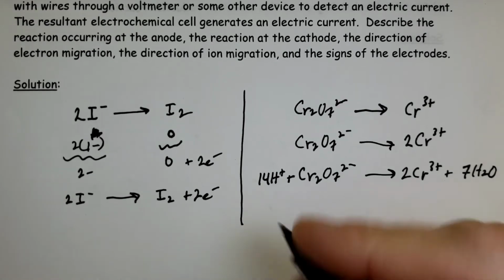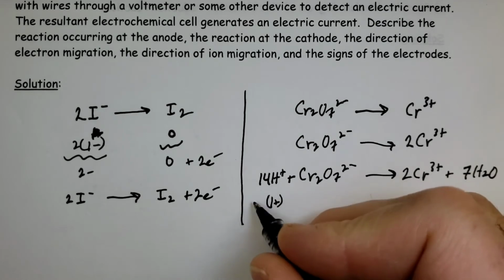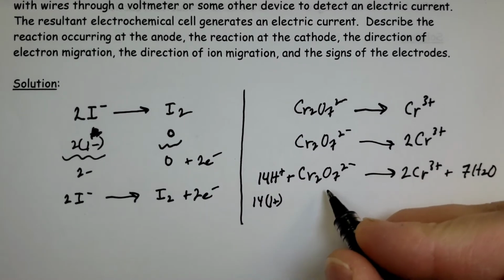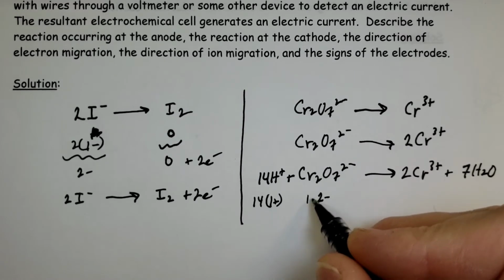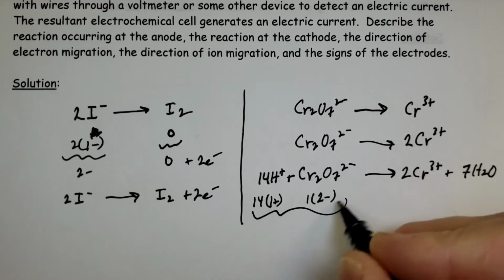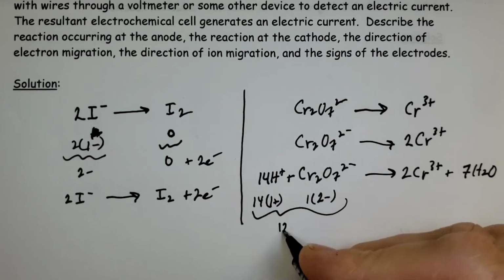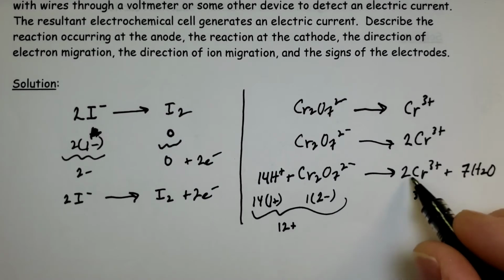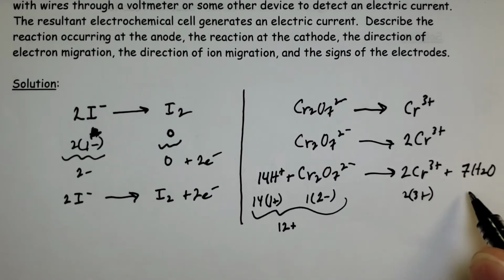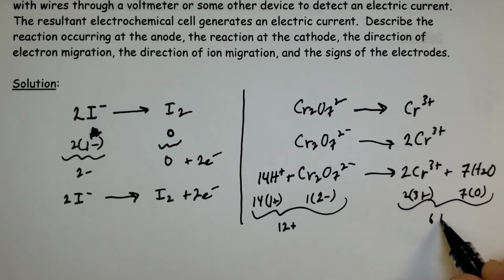So now we look at charges. Here we have +1 charges. We have 14 of them. And here we have a 2 negative charge, and we only have 1 ion that has that. So that's going to give us a grand total of 14 positives, 2 negatives. So that's 12 positives. Over on this side, we have a 3 positive, and we have 2 of them. And over here, we have neutral, 7 of them. So 2 times 3 is 6 positives.